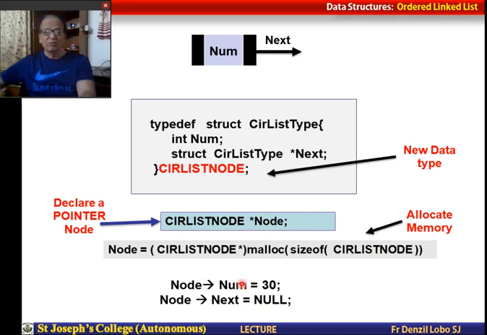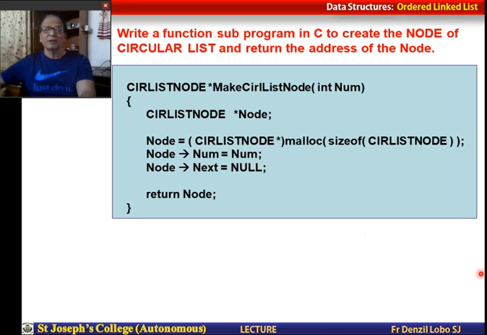Here we have got a pictorial representation of this. Node contains 30 and it points to null. It doesn't point to any other node. Now we write a function as we have done earlier. So we have done make polynode, make list node, make queue node.